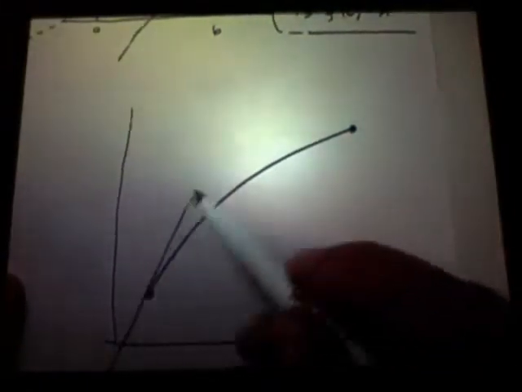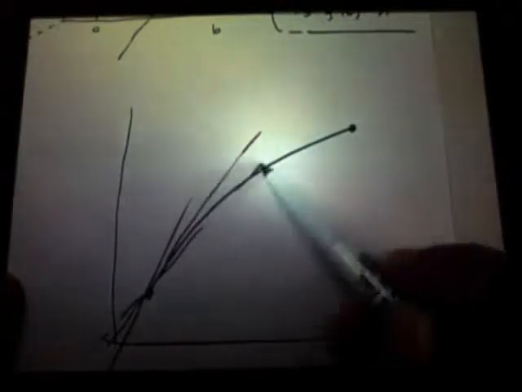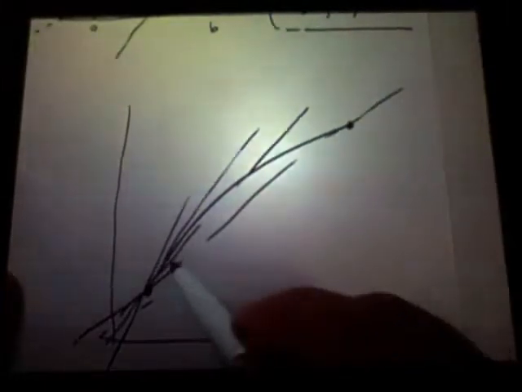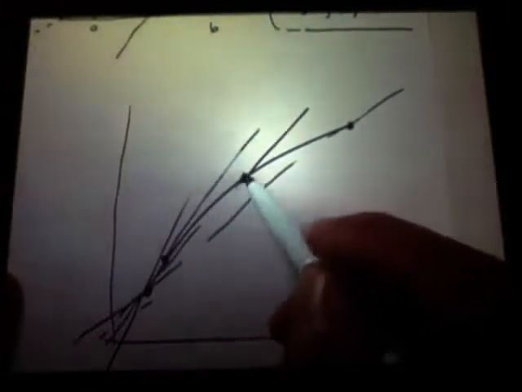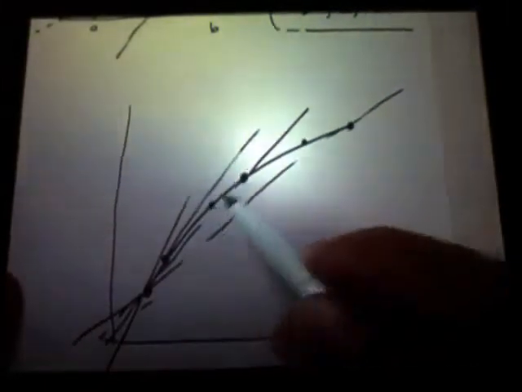If I have the tangent here, and then I rotate that line as a secant until I get it through the other point, notice that I intersect here, and so forth. Okay?